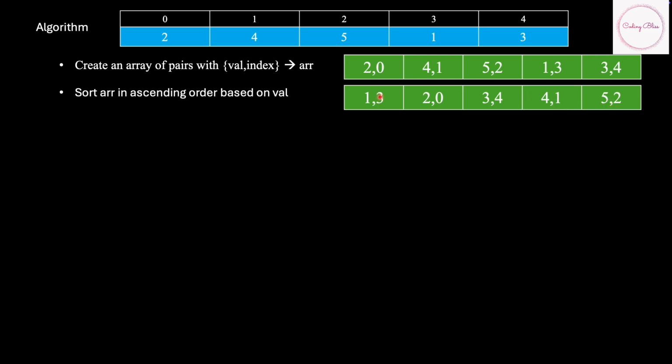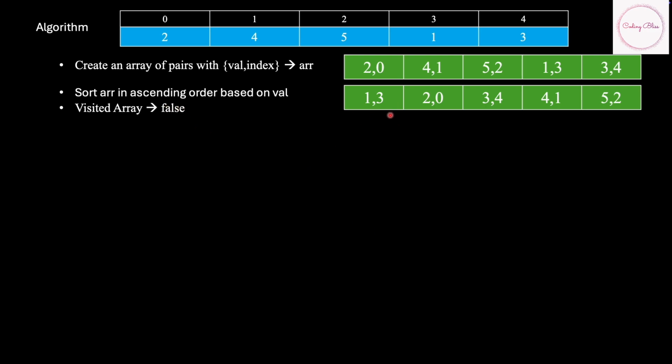Now let's take a look at how this helps. We also keep a visited array of the same size with all the values set to false. I'm not showing the values of visited here because the slide becomes very overcrowded. But I think it's clear, right?